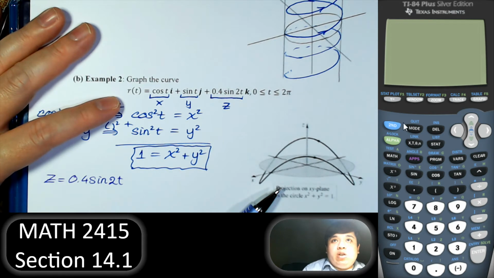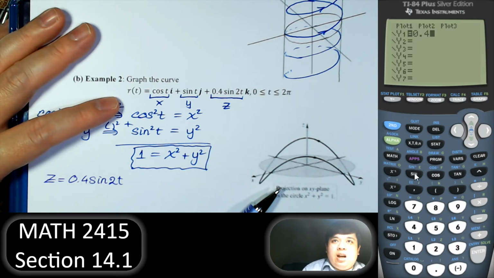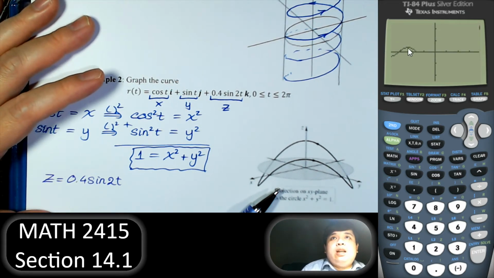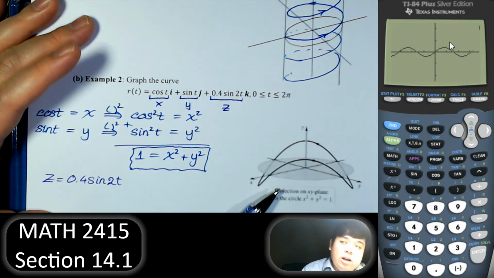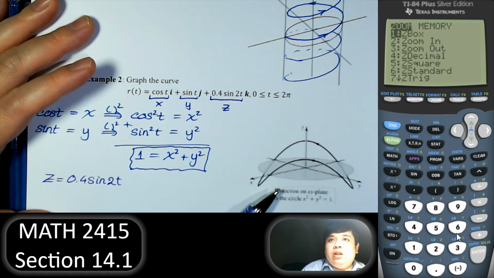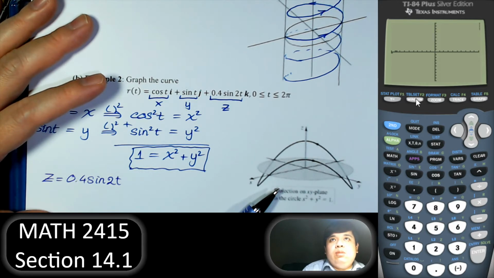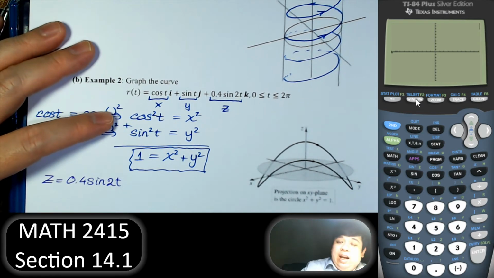If we just graph that function, not in parametric form anymore, 0.4 sine of 2t, or 2x if you will, it's like that. From 0 to 2 pi, I need to zoom out.